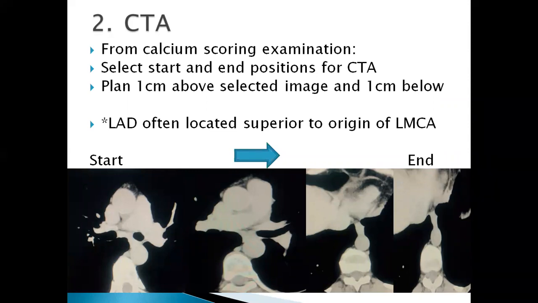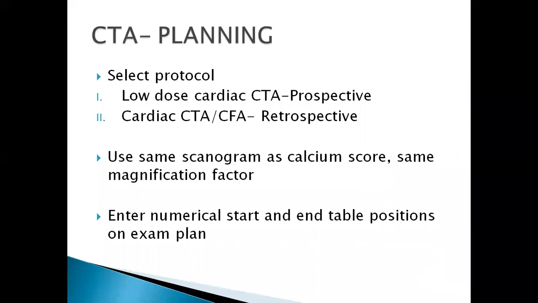And then the other thing that is important to note is the left anterior descending artery. It's located superior to the origin of the left main coronary artery. So you need to be able to compensate for this so that you do not cut it off as well.